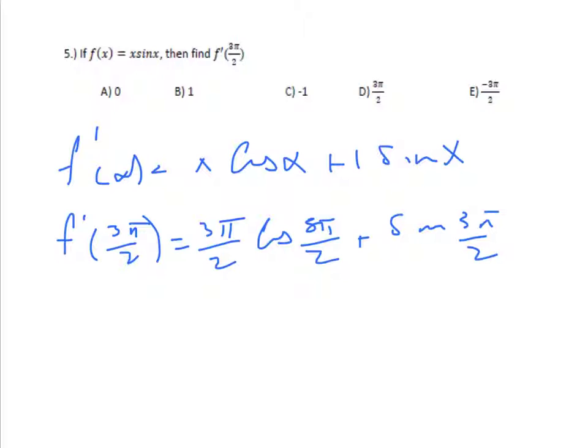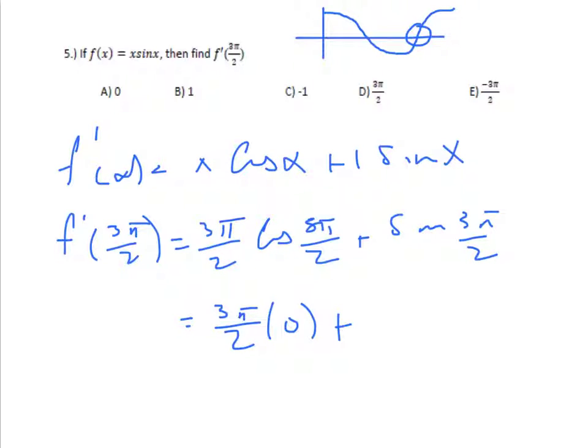To evaluate cosine of 3 pi over 2, you want to think of your cosine curve, and 3 pi over 2 is there, so that's 0. So that gives us 3 pi over 2 times 0 plus sine of 3 pi over 2. Your sine curve is going to look like this, so we get negative 1. And the answer, therefore, is negative 1.